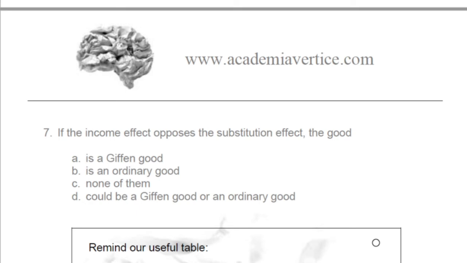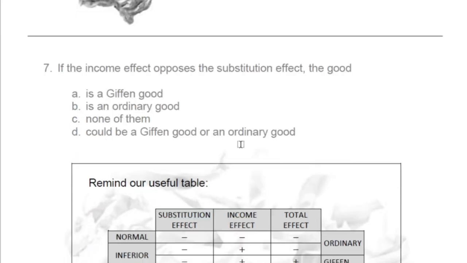Seventh question. If the income effect opposes the substitution effect, the good, well, when I talk about opposing, I'm talking about just that the sign is different from the substitution effect. The substitution effect, we know that it's always negative, so the income effect should be positive.